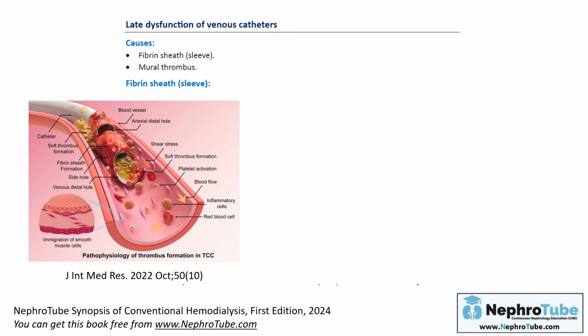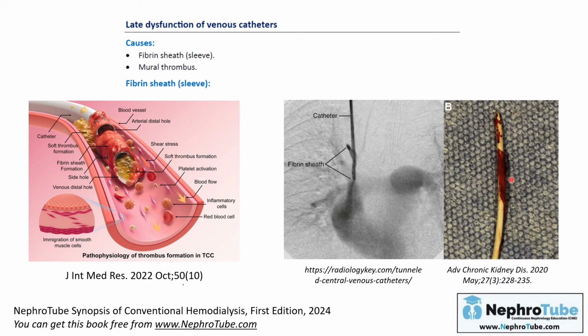And I heard a statement before that every central venous catheter has a fibrin sheath that may be silent or symptomatic. This is the shape of fibrin sheath when we remove the catheter, especially if it is long standing; you will find it formed around the catheter. And this is its shape in the imaging.